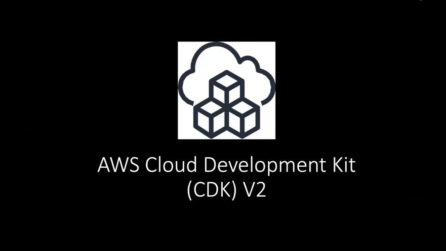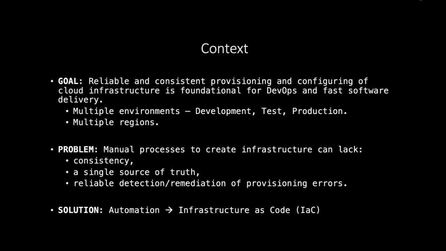Now, how do you go about creating that infrastructure or creating those resources? You could do it manually, but the problem, of course, with doing anything manually is that if you have to do it a number of times, then you may make mistakes or it's not consistent.